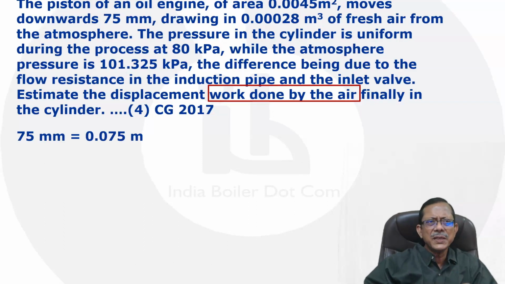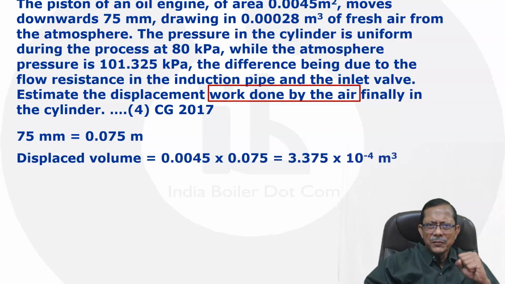So in this question, the displacement is given in millimeter, that is 75 millimeter, which comes to 0.075 meter, and the displaced volume is the cross-sectional area into the displacement, right? So that comes to 3.375 into 10 to the minus 4 meter cube.